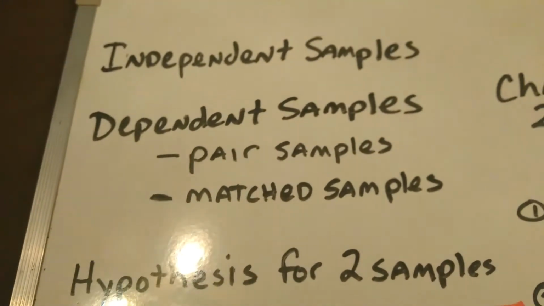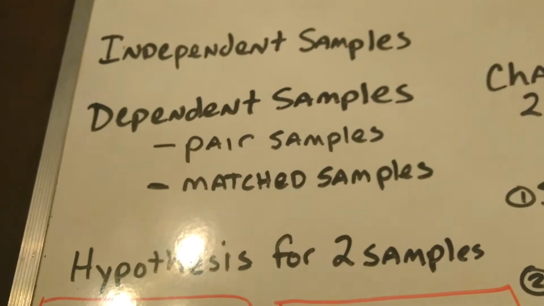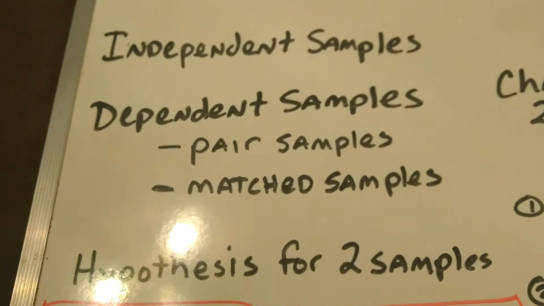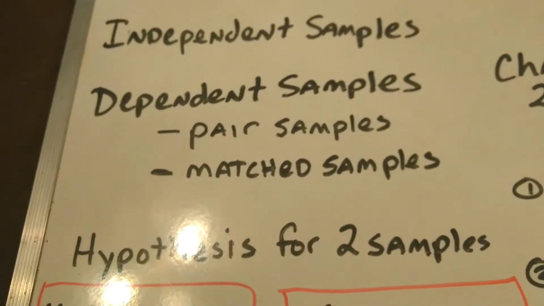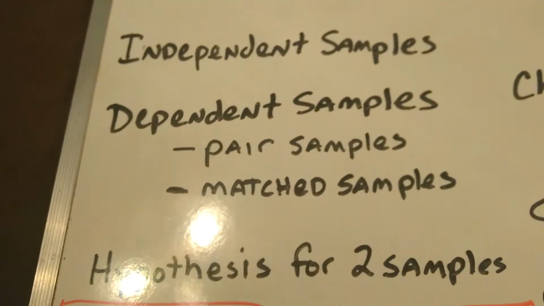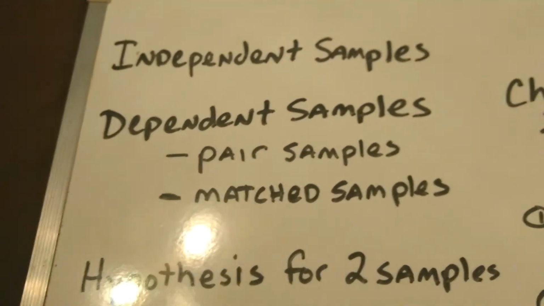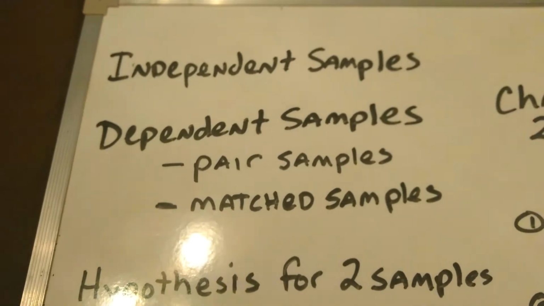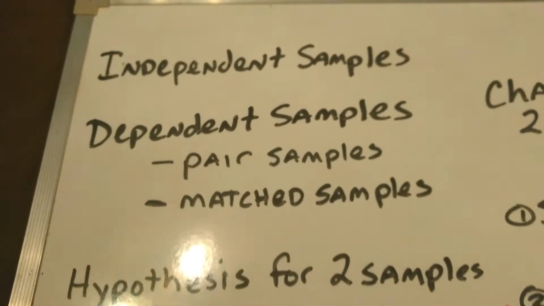Specific examples of dependent samples are called paired samples or matched samples. This is where we have a before and after, or we're comparing two different treatments on the same subject. Independent samples have nothing to do with each other. Dependent samples are a before and after comparison type of thing.